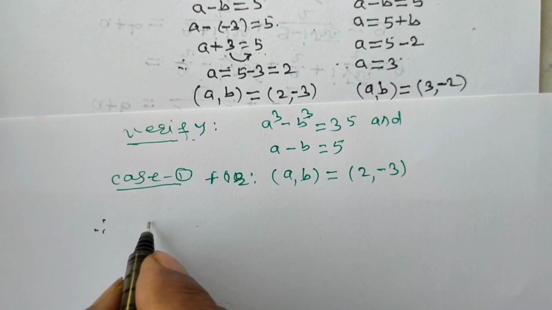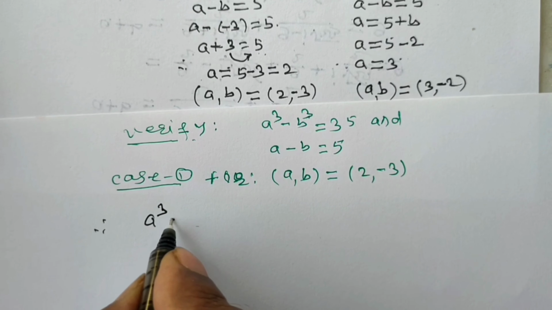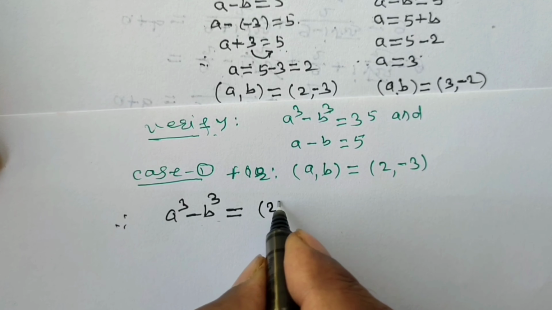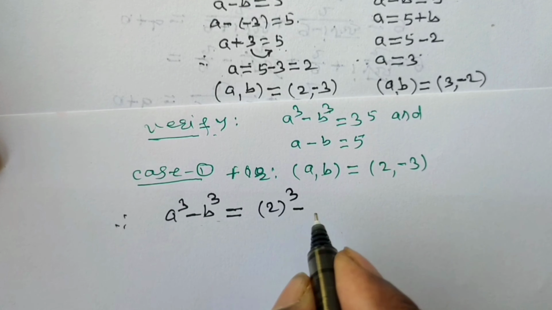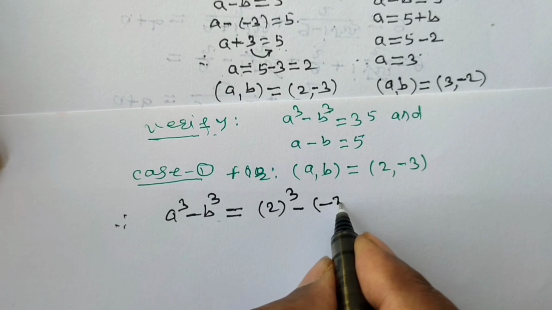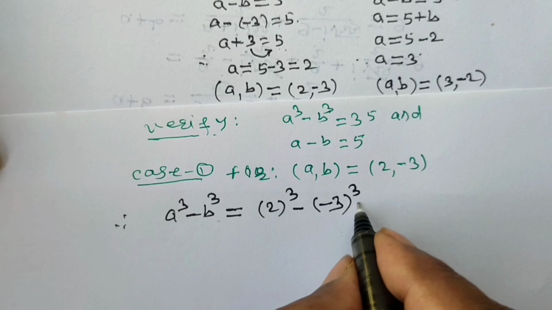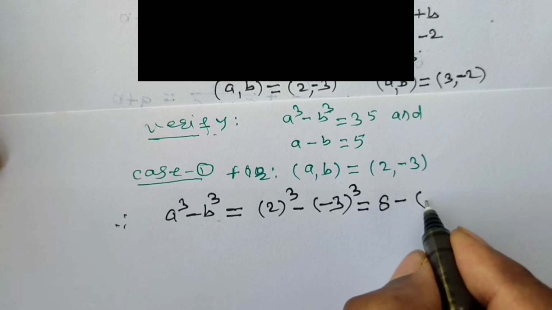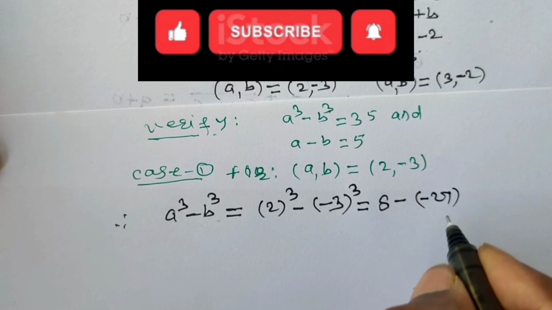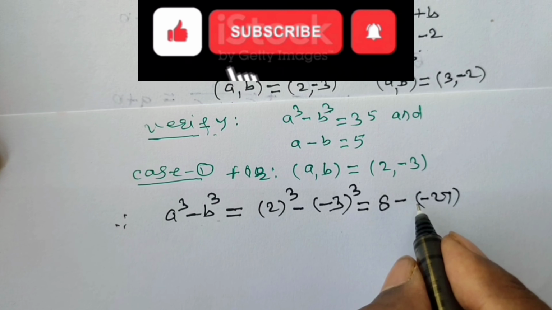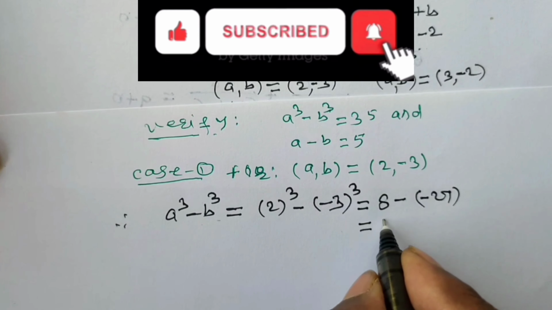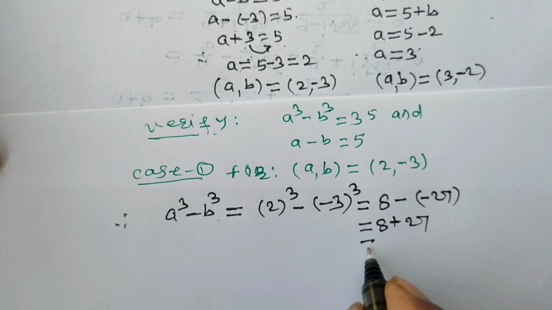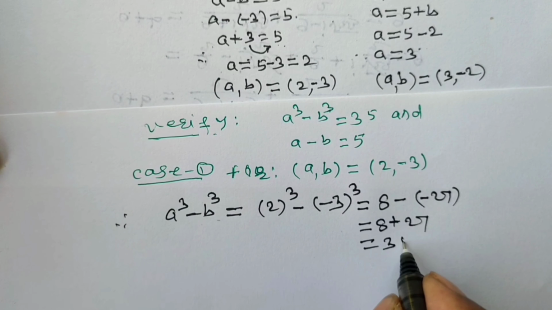Hence, a cube minus b cube is equal to 2 cube minus minus 3 cube, which is 8 minus of minus 27. Minus into minus is plus, so 8 plus 27, which is 35.